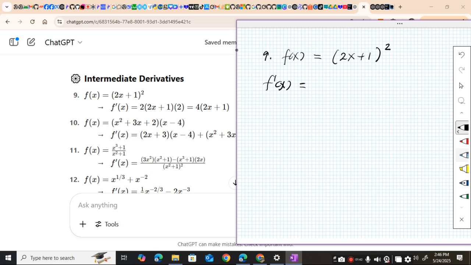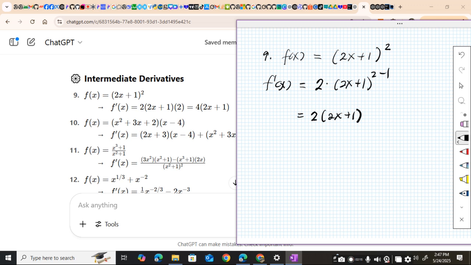So let's try to use the power rule. We bring down the power, which is 2, and multiply it by 2x plus 1, and then subtract 1 from the power, 2 minus 1. And therefore we have 2 multiplied by 2x plus 1.